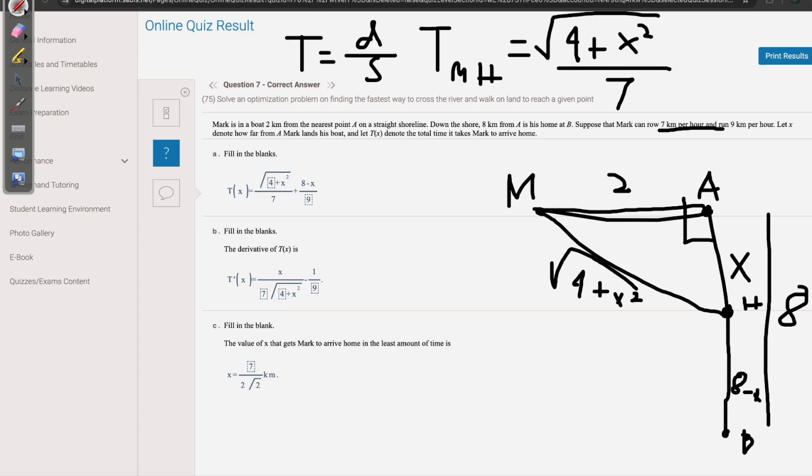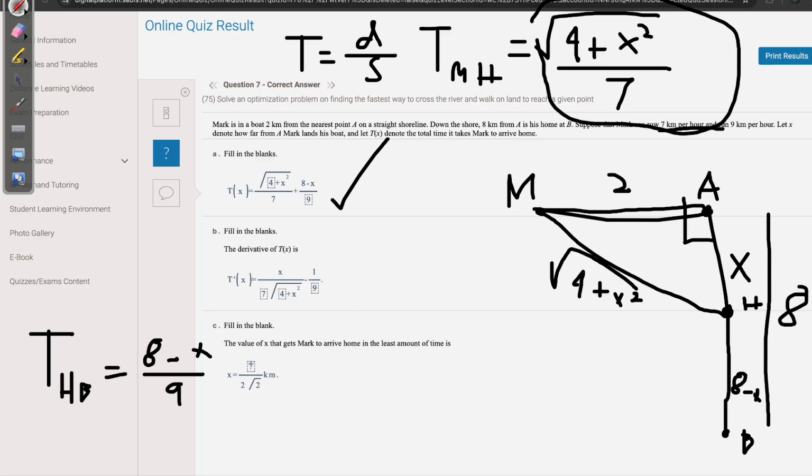So from H to B, which is when he starts running, yeah, you get what I mean. So time from H to B is gonna be 8 minus x over the speed he was walking, which is 9 kilometers per hour. And then for the total time, we just add these two together, which will give us part A: radical 4 plus x squared over 7 plus 8 minus x over 9.